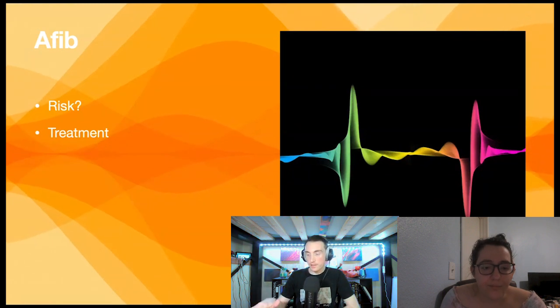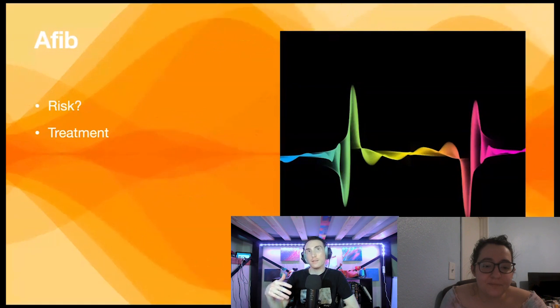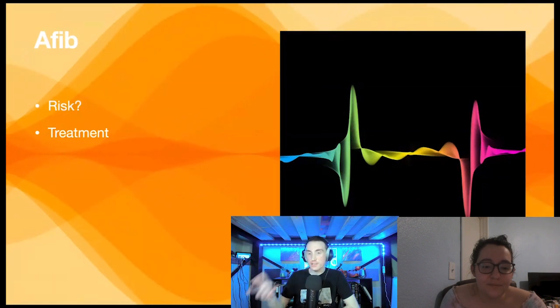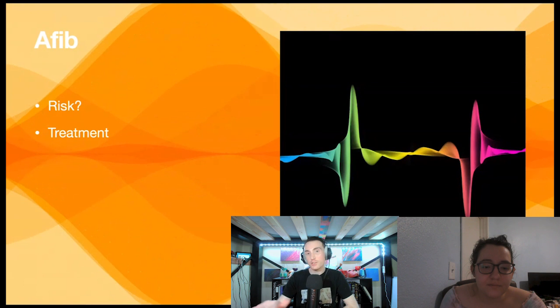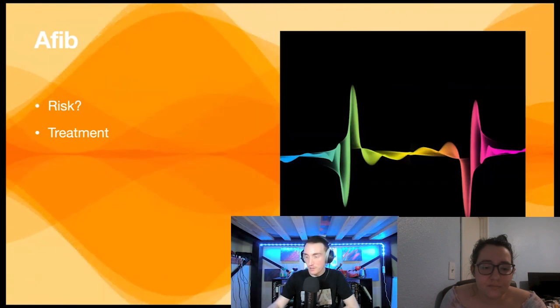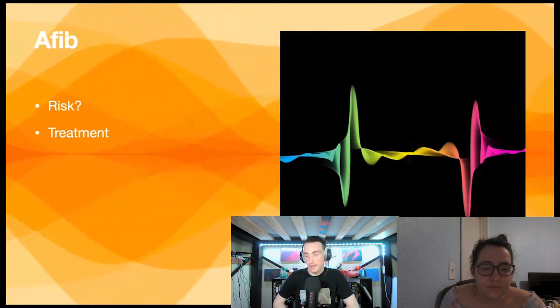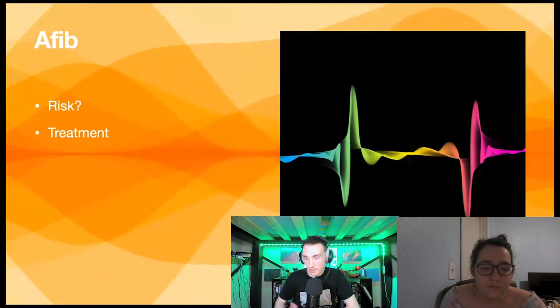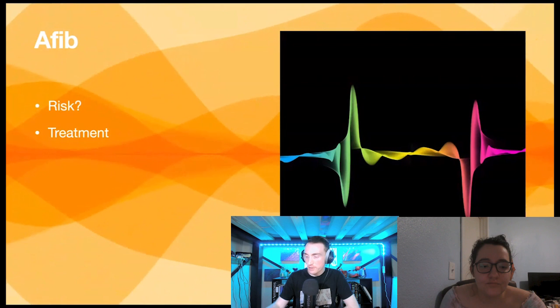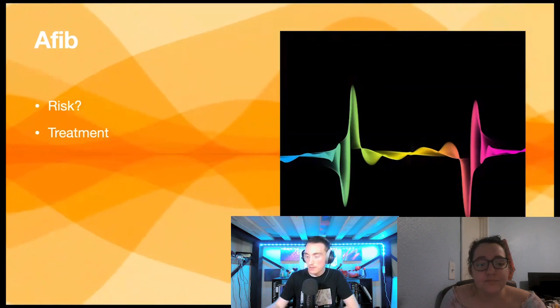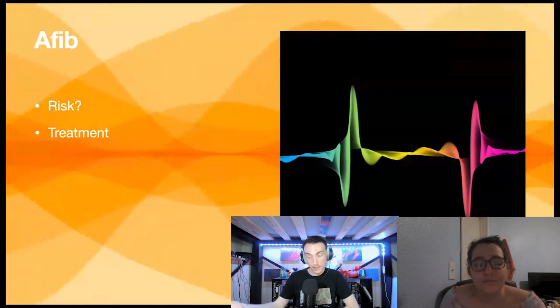Another option is anticoagulation, which is blood thinners. It helps prevent clotting. There are a bunch of different kinds of anticoagulation treatments, but they prevent thromboembolism, which helps decrease the risk of stroke. And then some other treatments that I saw were to decrease or eliminate caffeine.